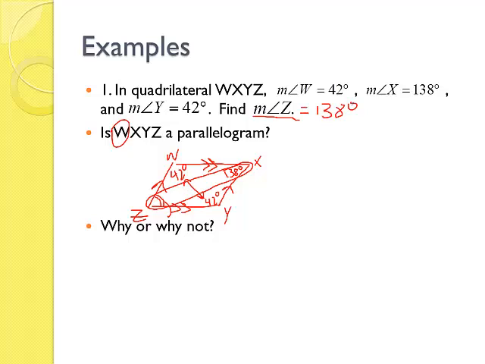The other way of doing it, you could also use these two angles to say that they are consecutive and they would be supplementary. So my reasoning, my conclusion, would be: segment WX is parallel to segment ZY. I also know that segment WZ is parallel to segment XY.